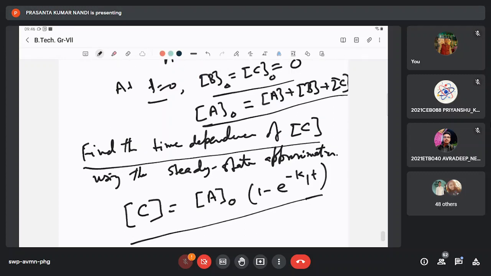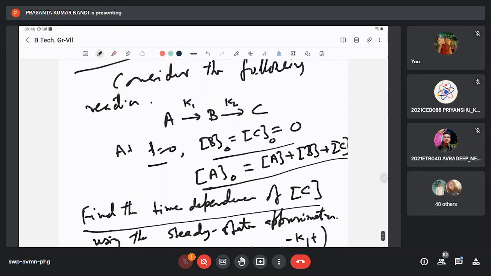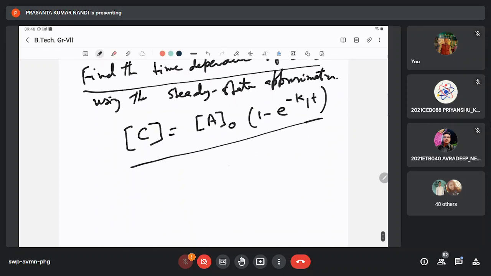That means the second step is much faster. Sorry, it indicates that A to B is the slower step compared to B to C, which is faster.